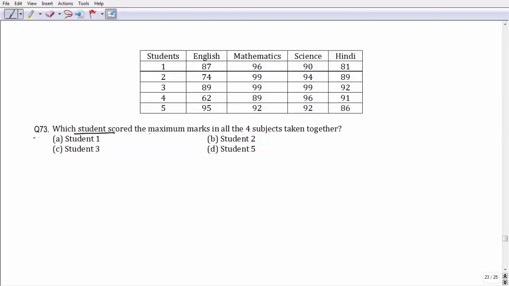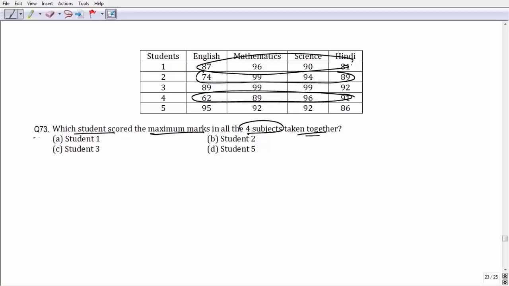It says that which student had scored maximum marks in all the 4 subjects taken together. So talking about the 5 students, we can say that especially the 4th one and the first one, and along with comparatively the second one, cannot be the first 2 people.